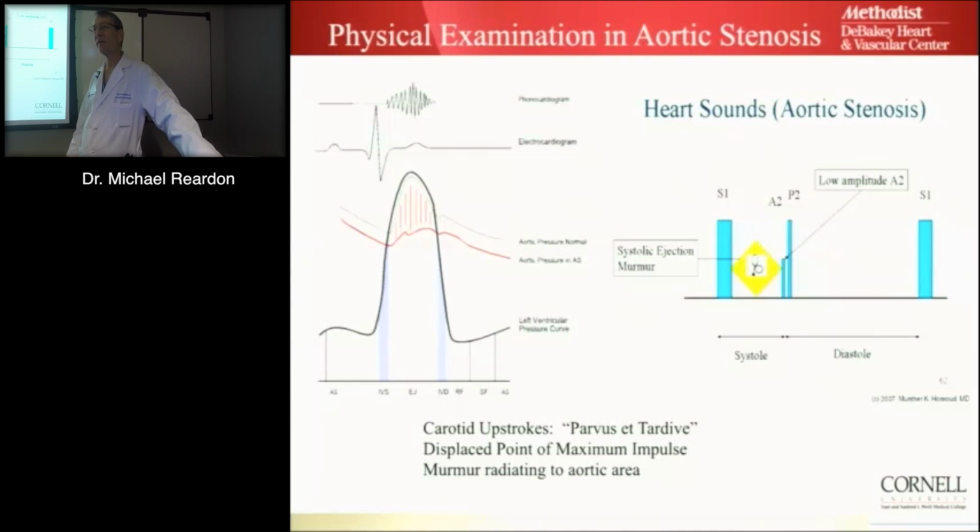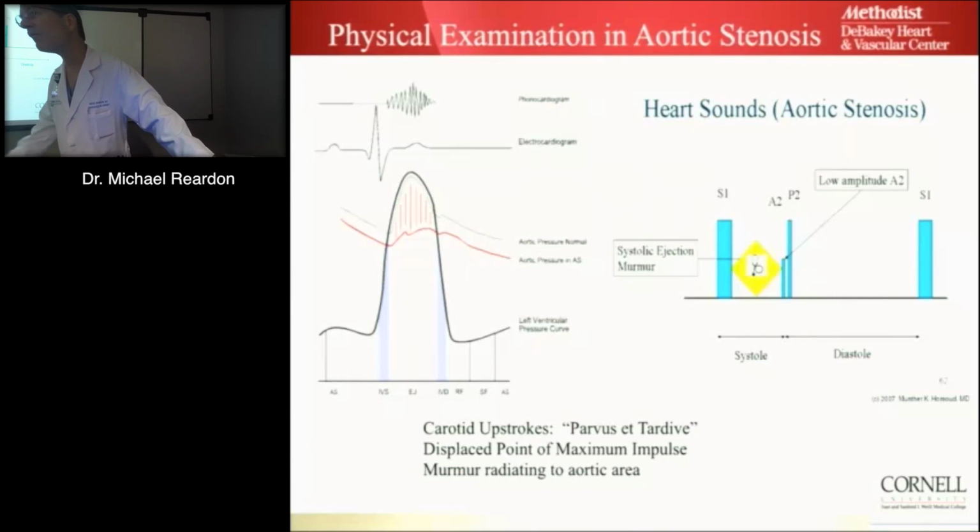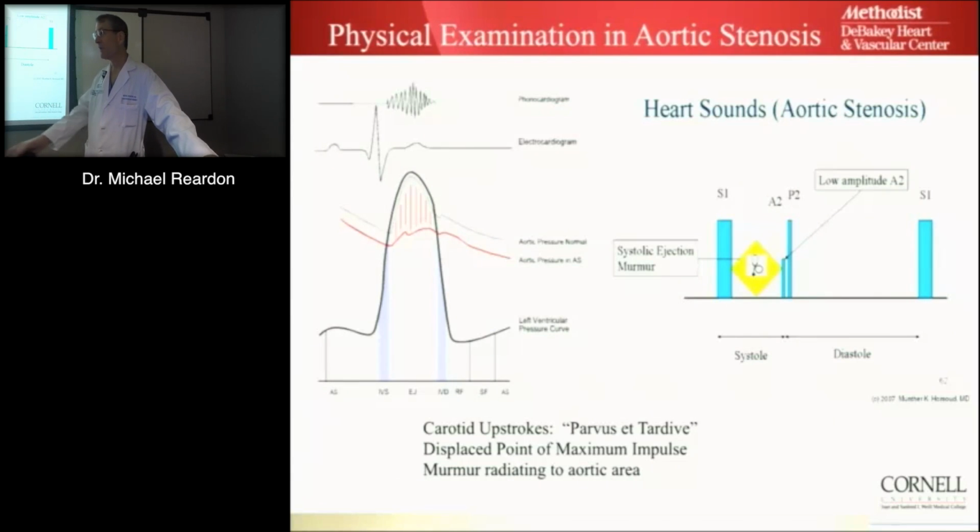Well, if you have somebody that has some acute AI, not bad enough to kill them, and you're trying to medically tide them over, heart rate. Because when you increase your heart rate, does systole get longer or shorter? Systole doesn't change at all, but diastole gets shorter.